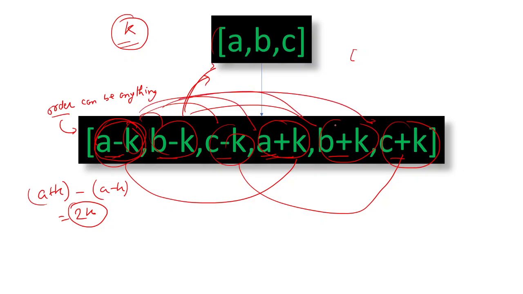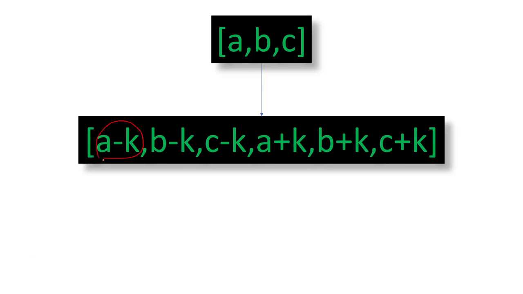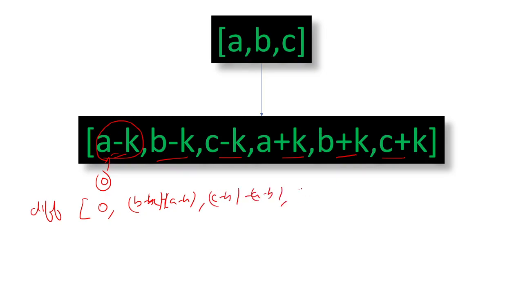While doing that, there will be some other element from which, if you subtract, we will get twice the difference that was used to create this array. So I'll take the first element of the array, at index 0, and subtract it from every other value in the array, and then we'll get an array called the difference array. For this case it will be 0, then b minus k minus a minus k, then c minus k minus a minus k, and here we'll get 2k.